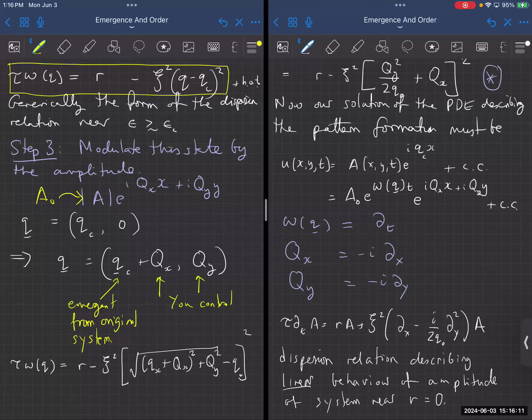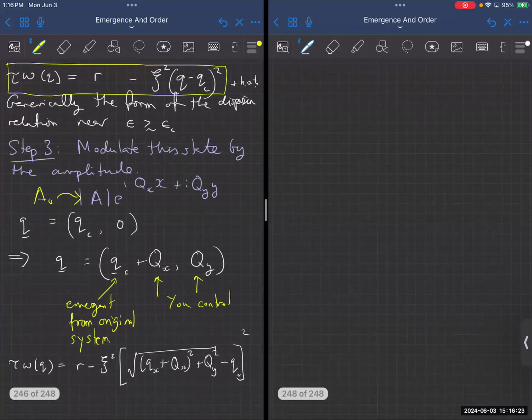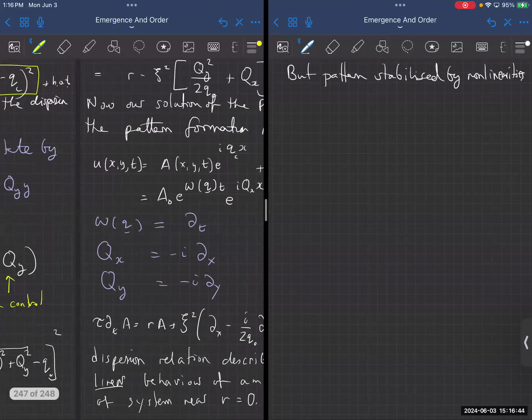This is linear, okay? This is just the dispersion relation. So this isn't the answer to the question, because we know that the pattern is stabilized by nonlinearities. So let's just look at what we've got.